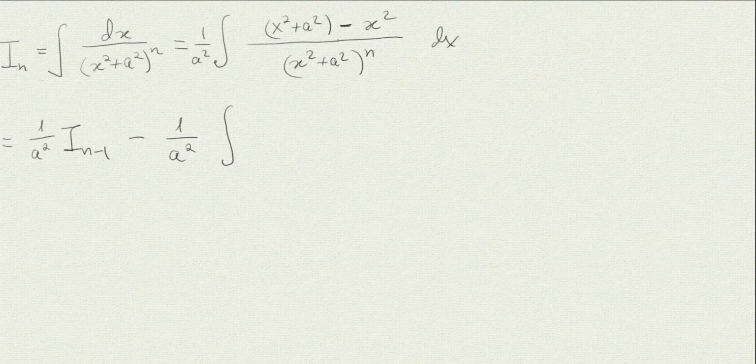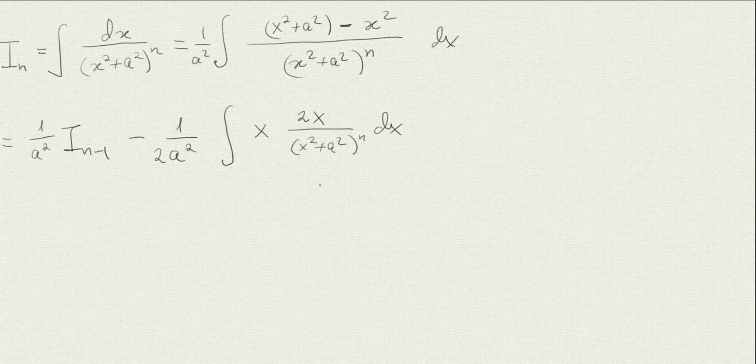It's going to be x squared divided by x squared plus a squared, all of this to the power of n, and I'll write x squared as x and x here, and dx. And what I'll do is I'll add a 2 here and a 2 here, so I didn't change anything. But, well, you have already guessed why I did this, because this 2x is the derivative of what we have here, and then we'll take this integral by parts.